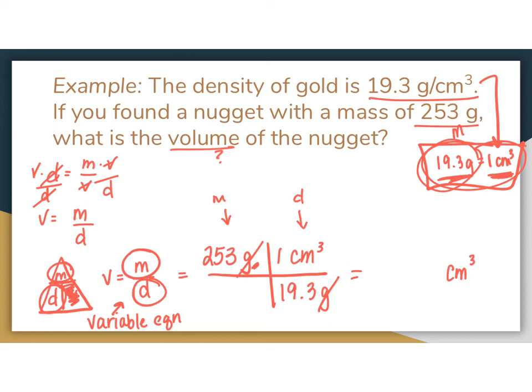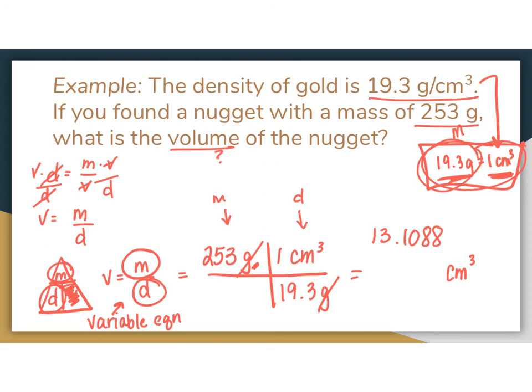So if I type this into my calculator, you would put 253 divided by 19.3, and when you do that, your calculator is going to give you an answer of 13.1088. But you know that you're smarter than your calculator, so what you're going to do is count up sig figs for both of our measured amounts, and then round to the correct significant figures.